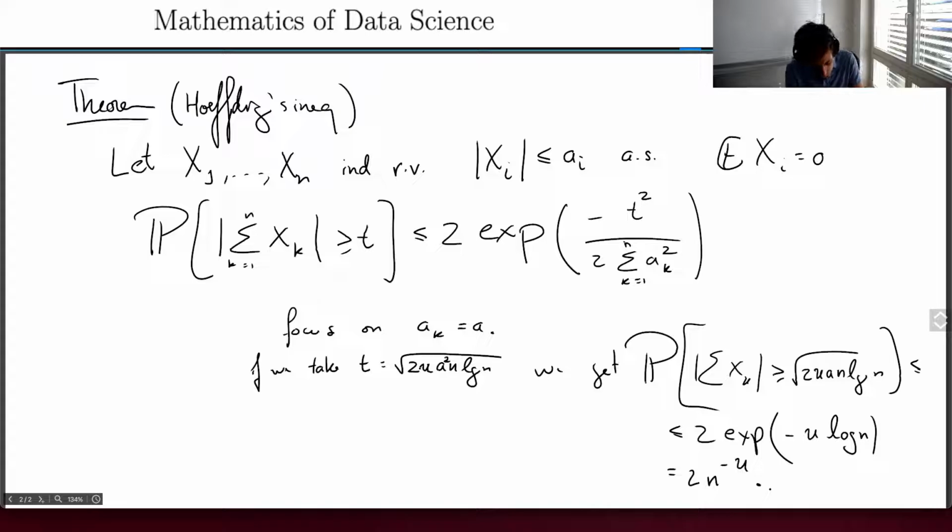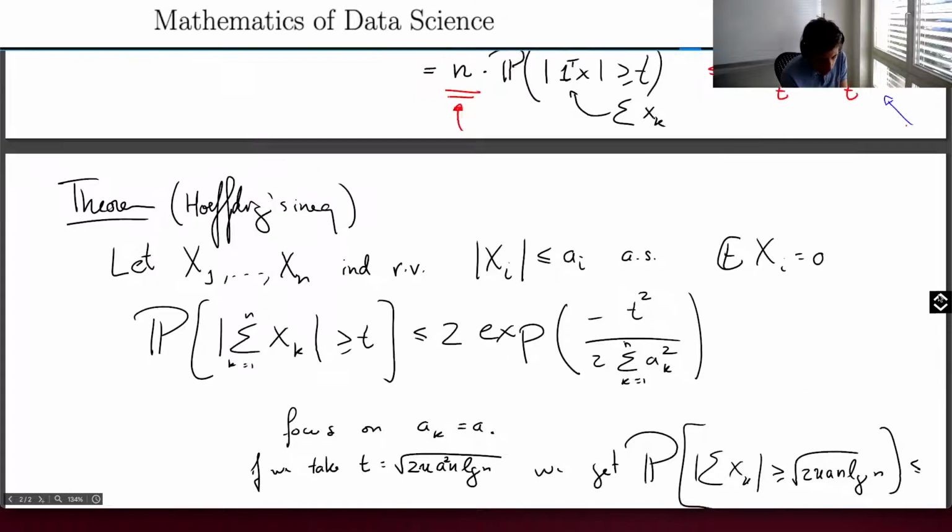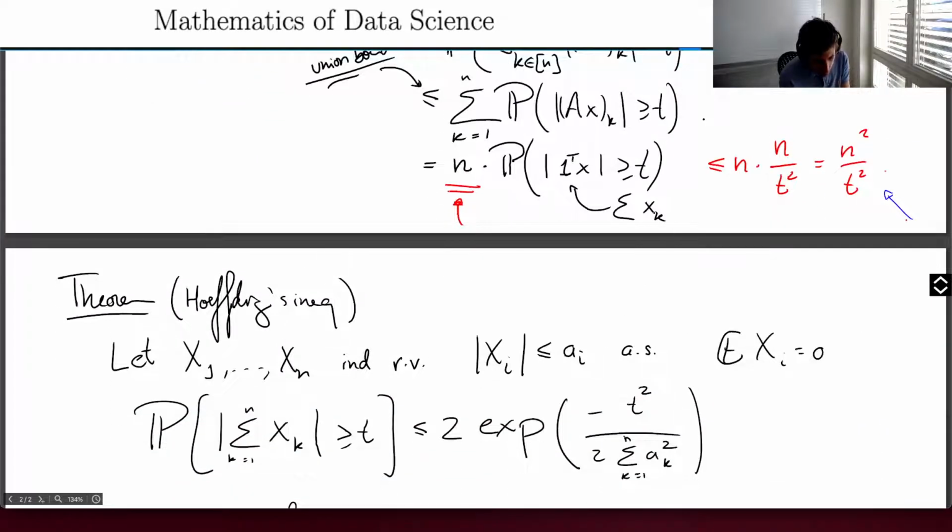And so if we think in the example before, if we take u to be, say, 2, or even 1 plus epsilon, and we plug it above, what would we get? This xk is plus or minus 1, so a here is 1.